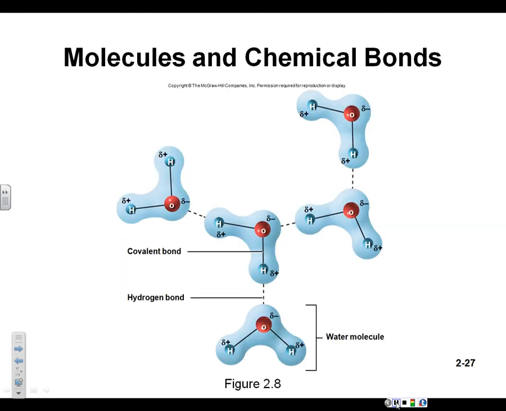Alright, so this is an example of a what? Water molecule, and it is what? Polar. Now when you look at water, water has what? Unique chemical properties. Alright? Water has cohesive and adhesive properties. That means water can cling to itself and it can cling to what? Other objects. Think about it.